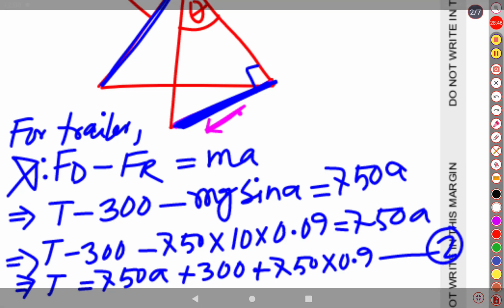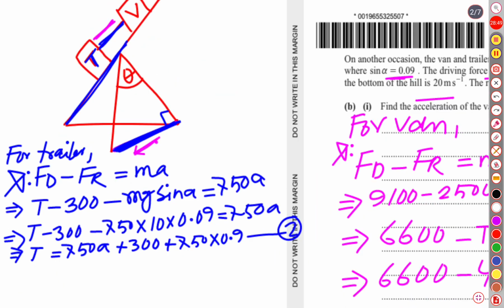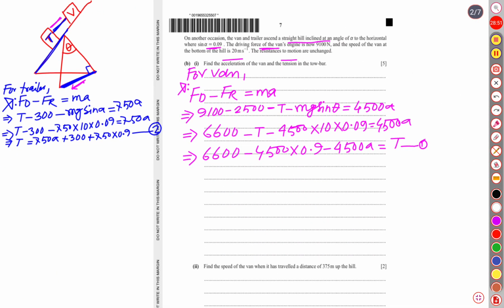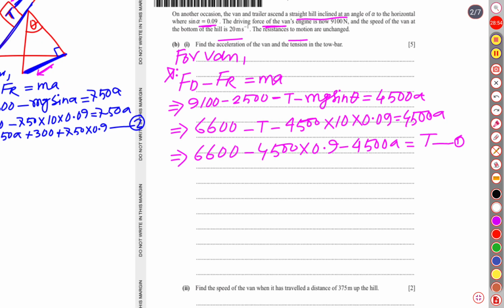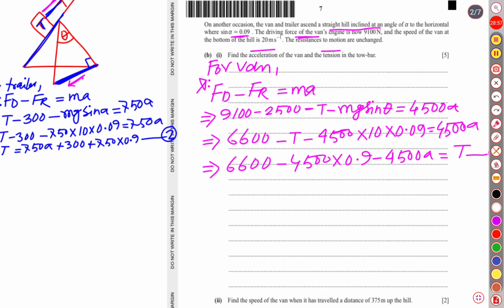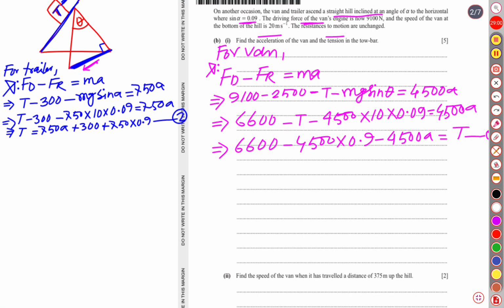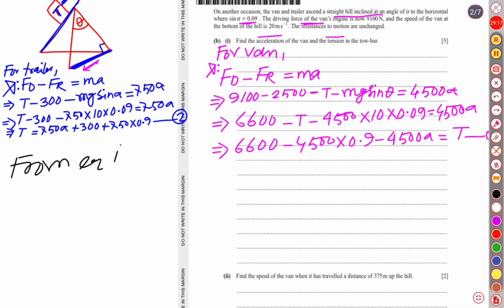Now we will write from equations 1 and 2, solving the equations simultaneously, to get the missing values.